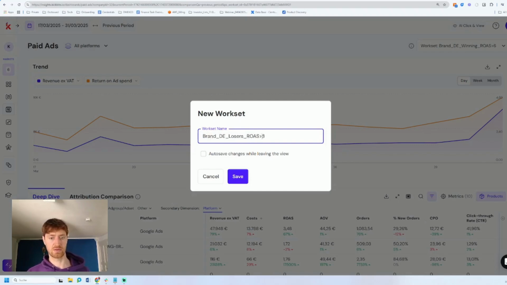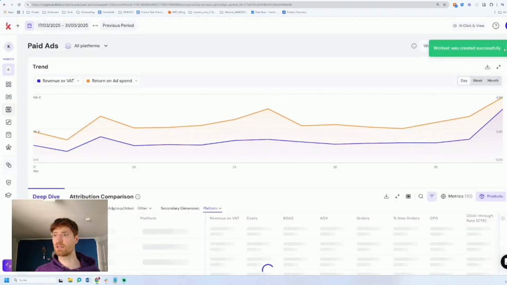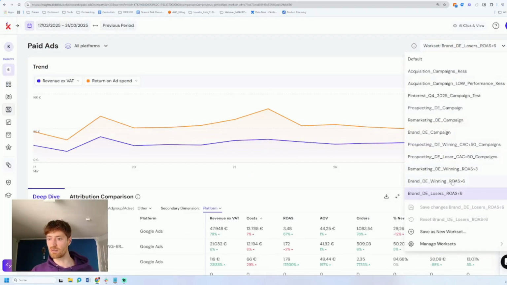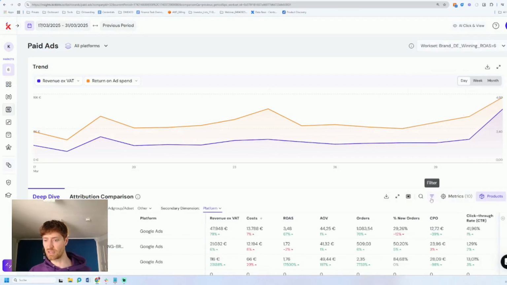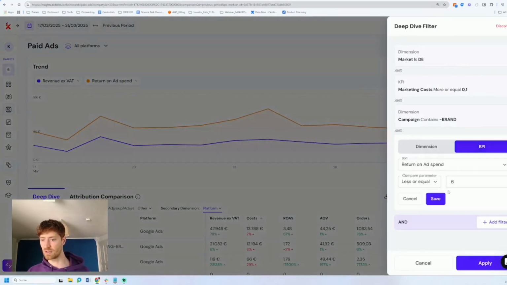Losers was 6. Yes, let's check together. We have winning greater, bigger than this. Yeah, we need to change it. I overwrote this, but that's okay.